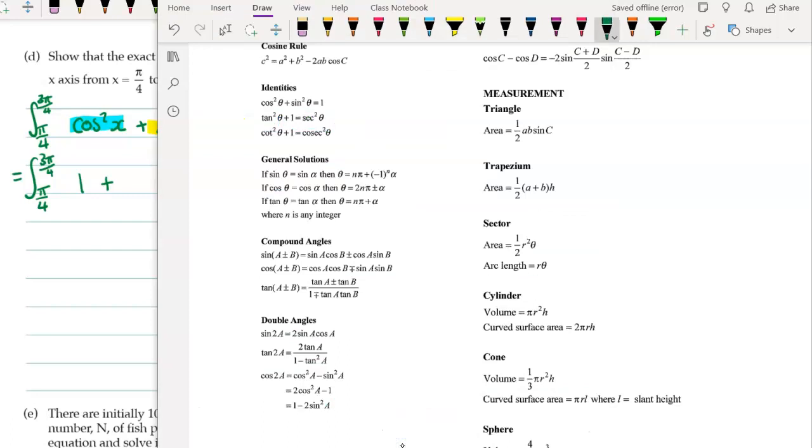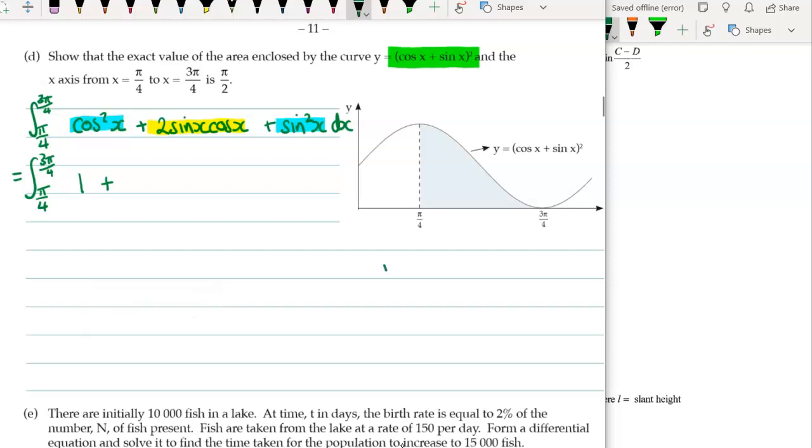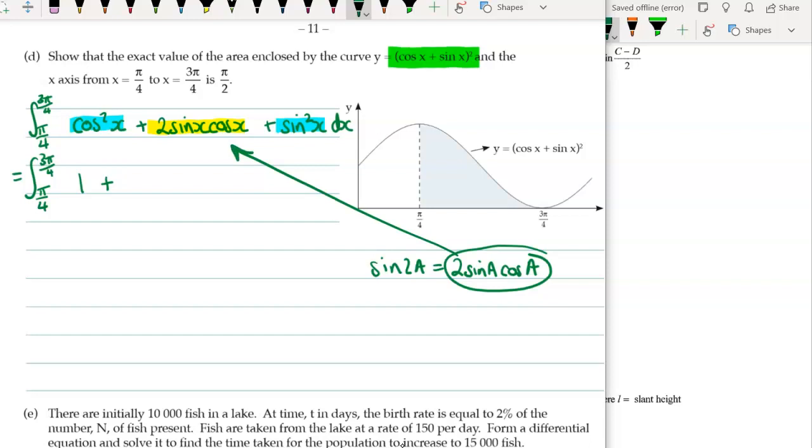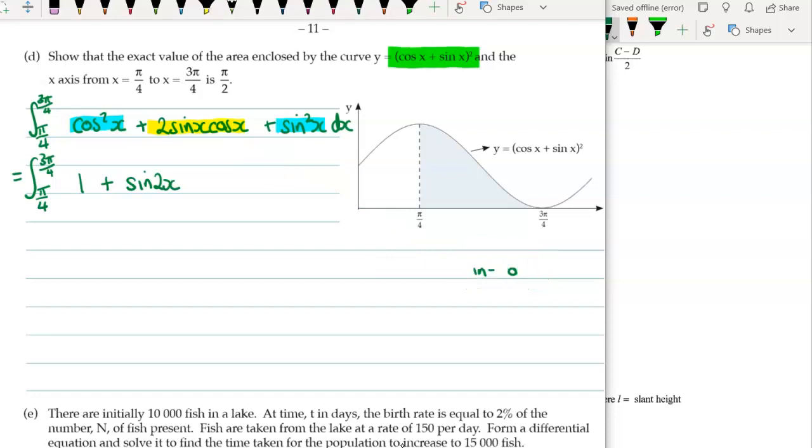So sine 2a equals 2 sine a cos a. So just to show you what I'm doing, this bit here matches to what we have there. So we would have sine of 2x in this bit here.